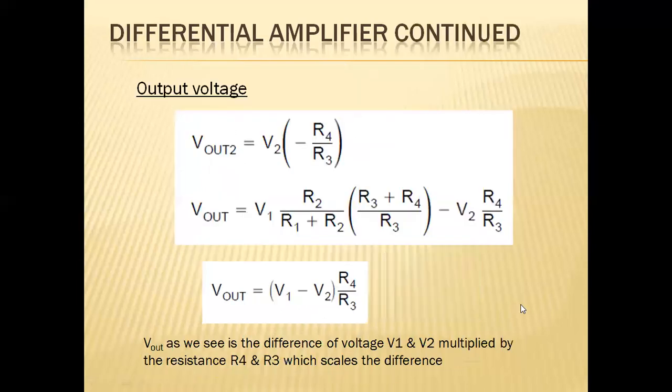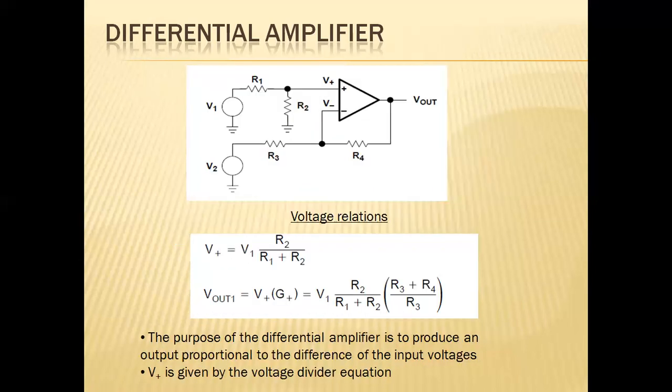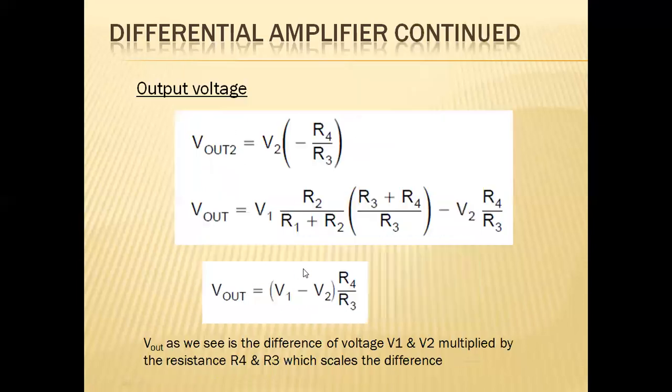And hence, as per the input we have verified, what will be the output at different terminals. So upon simplification, by taking R2 as common, the voltage output V2 is V2 of minus R4 by R3, and vice versa of voltage 1, output V1 of R2 by R1 plus R2, and minus the generated voltage of output terminal 2.